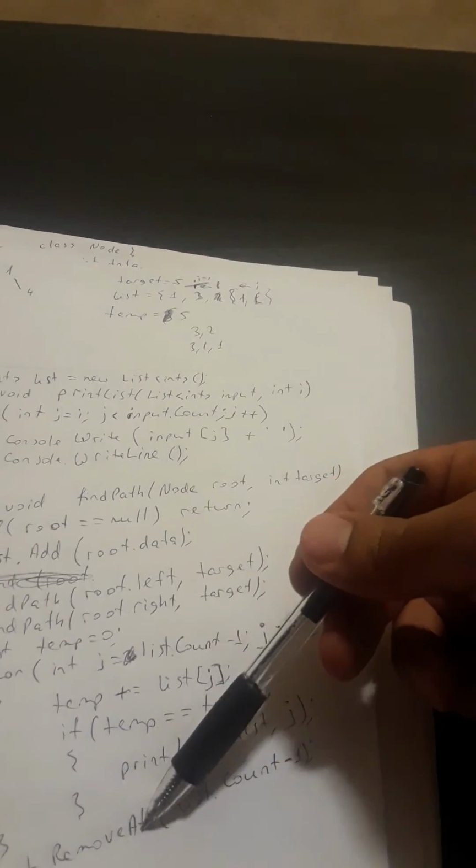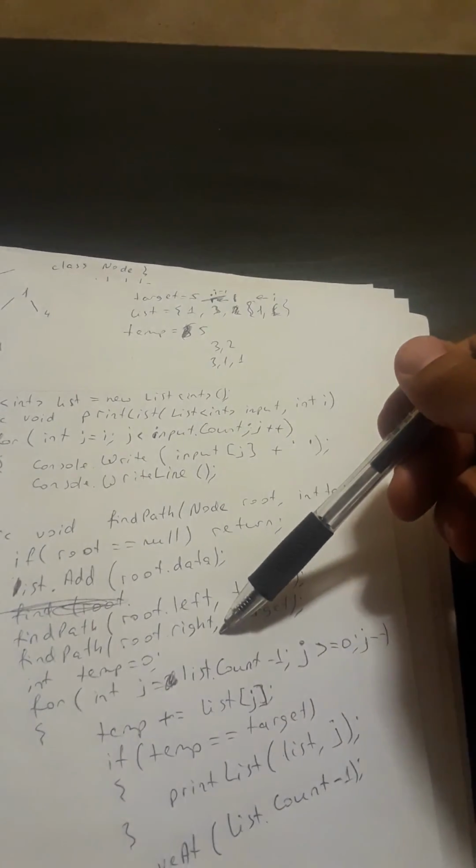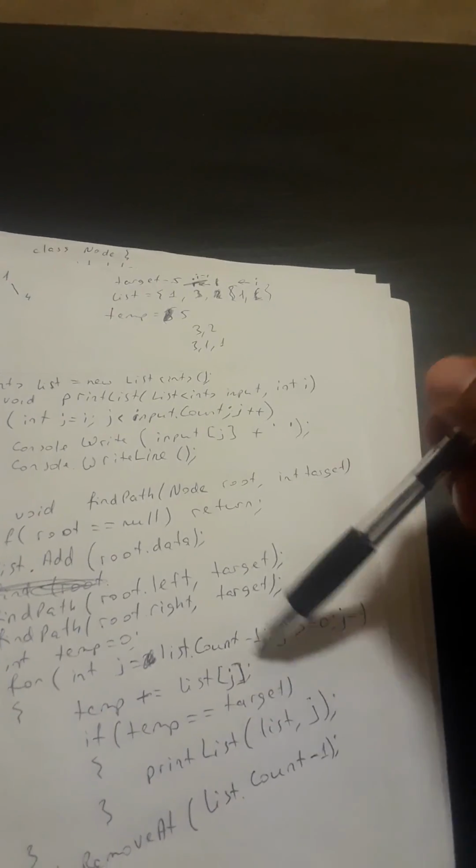Then I remove the last element, go up and call for the right child. Then I do it again. So that's it.